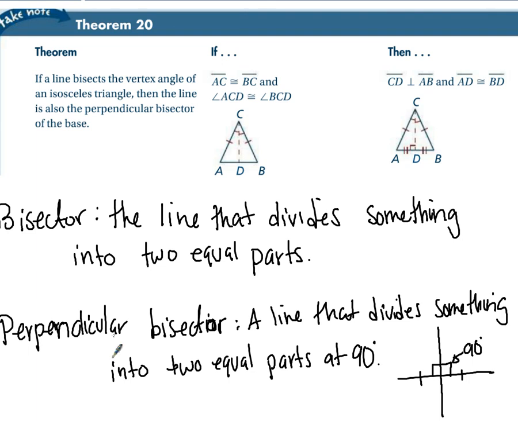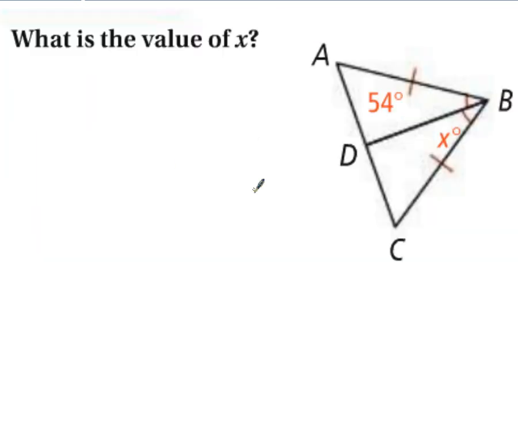So to use that theorem, we want to know what is the value of x. And x is for that angle, and this 54 is for angle A. So by looking at the big triangle, ABC, I notice that AB is congruent to BC.